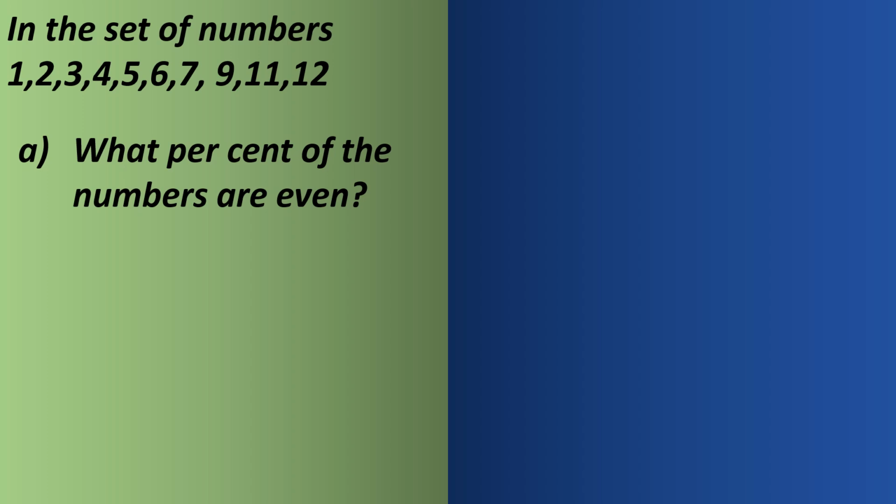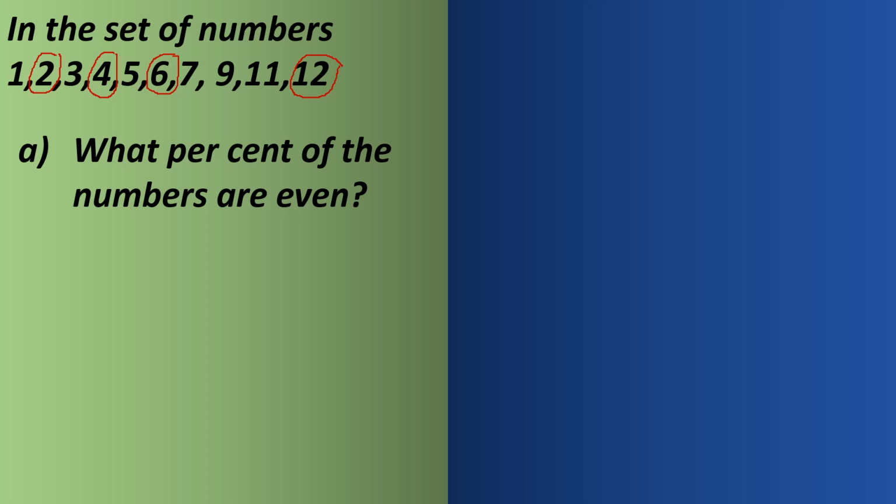I am encircling. So this is the first even number, that is 2, 4. Here is 6 and here is 12. These 4 are even numbers and the total numbers are 1, 2, 3, 4, 5, 6, 7, 8, 9, 10. Total numbers are 10 in this set.